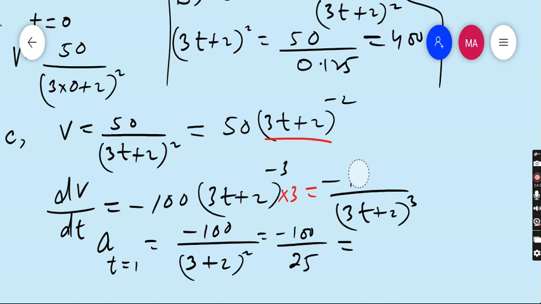So 3 into 100 is minus 300. So it is not 100, it is minus 300.